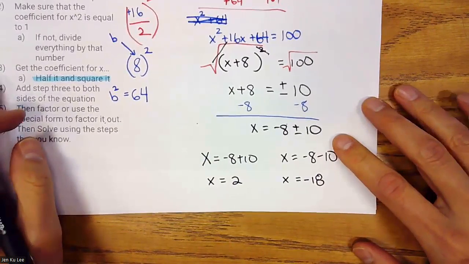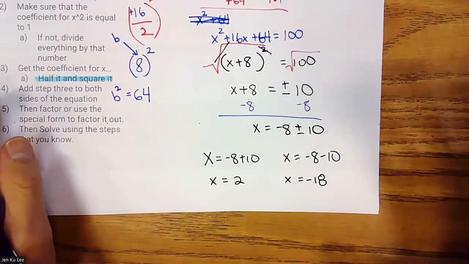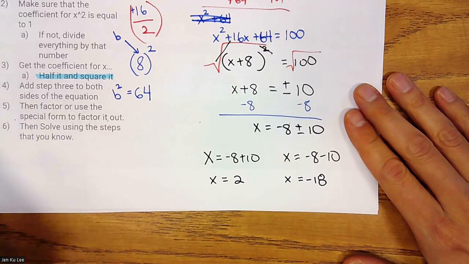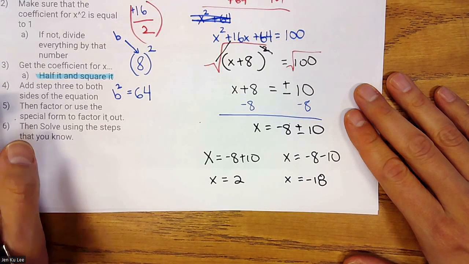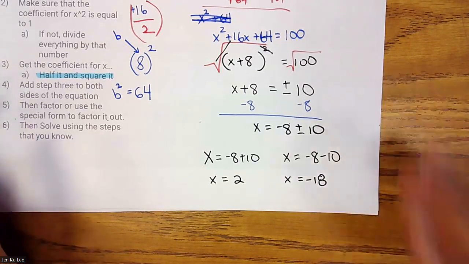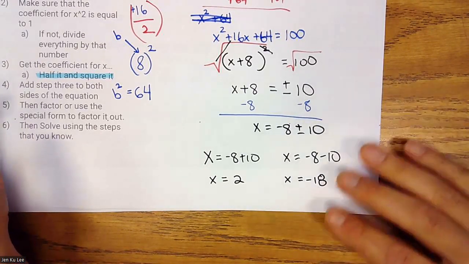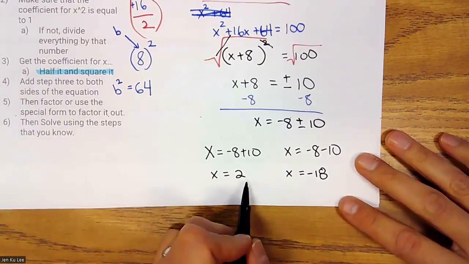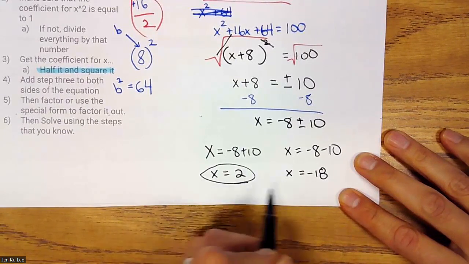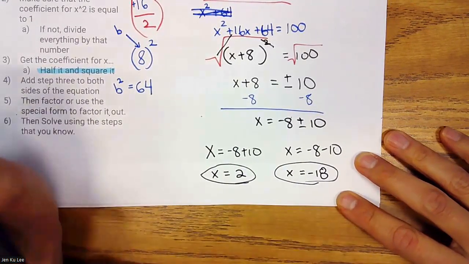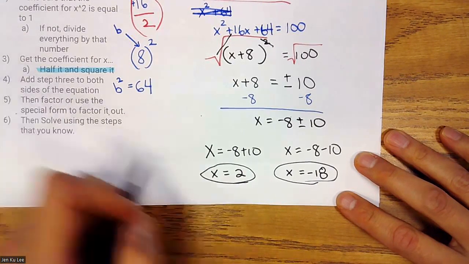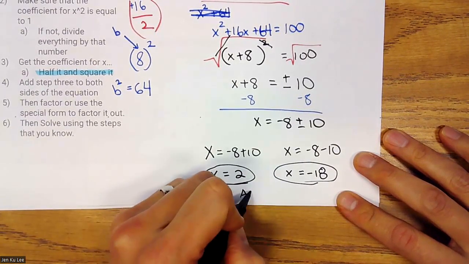And that's how we solve it using completing the square, which is far more complicated than quadratic formula and factoring, right? Yeah, that's why I skipped it in module 8. Okay? But quick question. If my x-intercepts are 2 and negative 18, that's my x-intercepts, right? Of the graph. Where is my axis of symmetry?